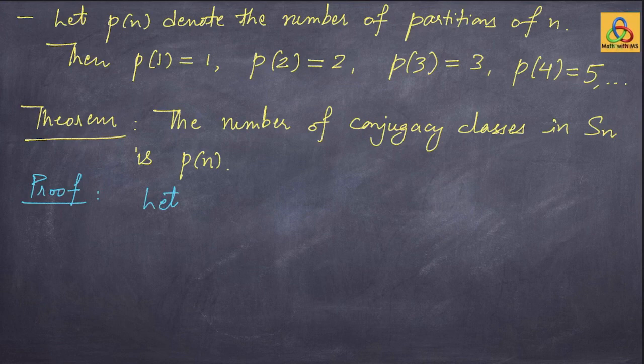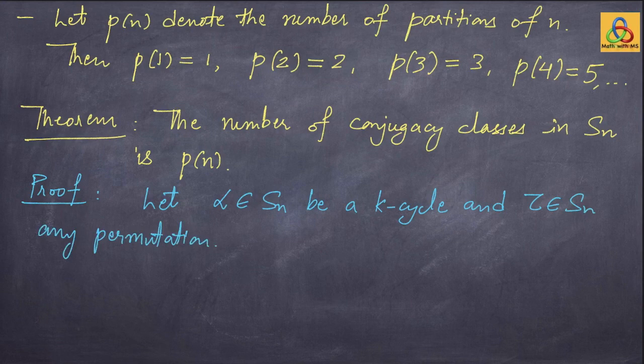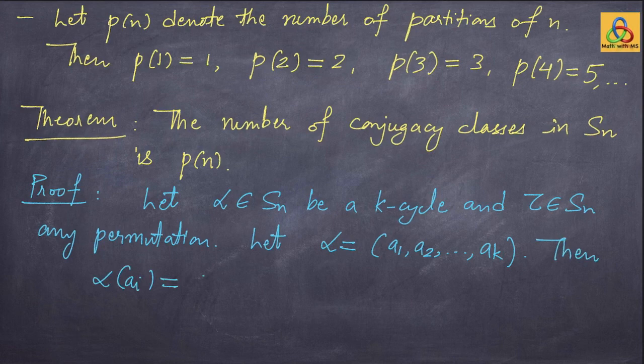Let alpha belong to Sn be a k cycle and tau belong to Sn any permutation. So let us write alpha as this k cycle (a1, a2, and so on, ak), where a1, a2, ak are in the set 1 to n of which Sn is the permutation group. Then what is alpha of ai?